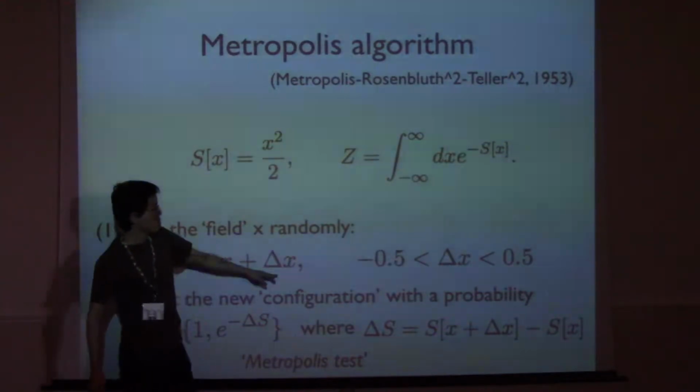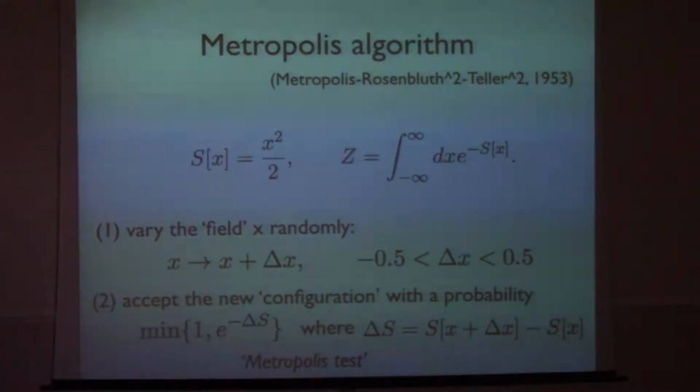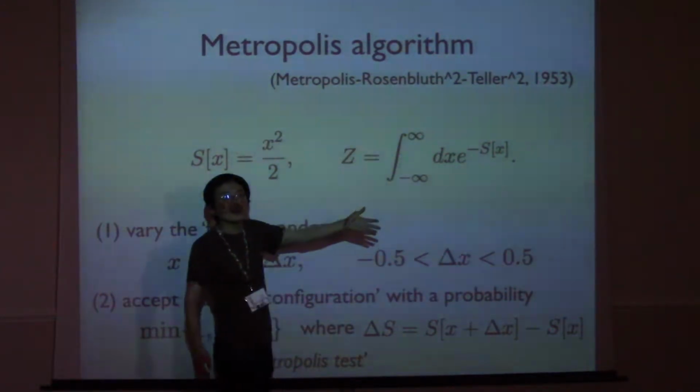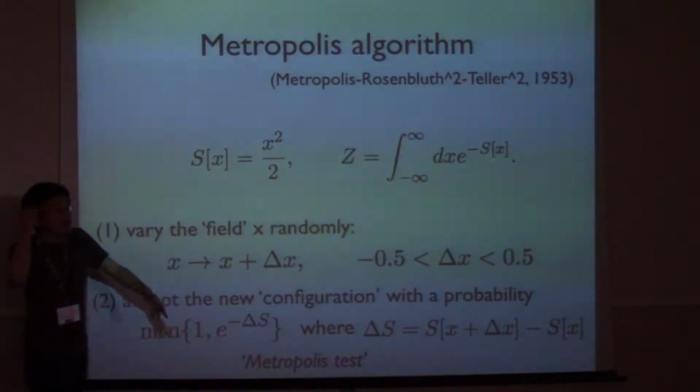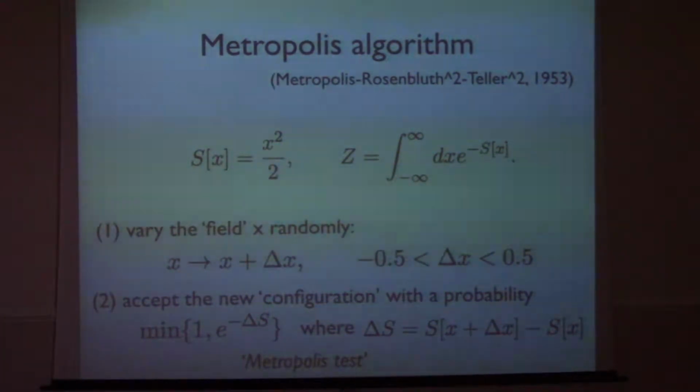And this random variation can be chosen from the range between -1/2 and 1/2. As I will explain, you can change it to be -1 to 1, or -0.1 to 0.1. And if you change the range, actually the efficiency changes. But for simplicity, let's take it to be 1/2.